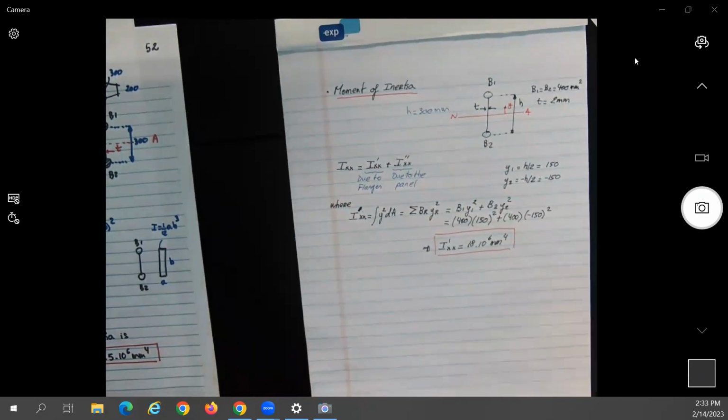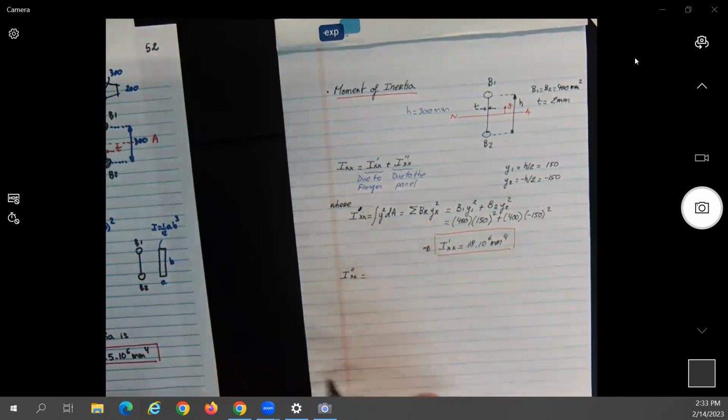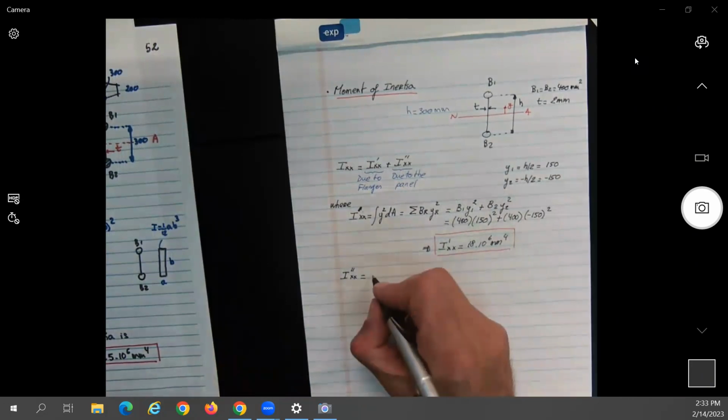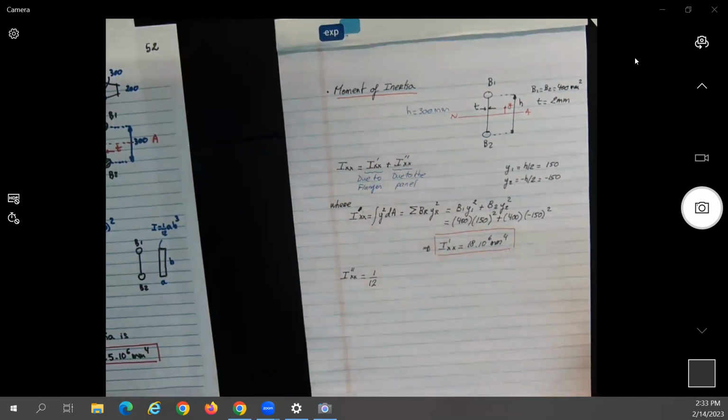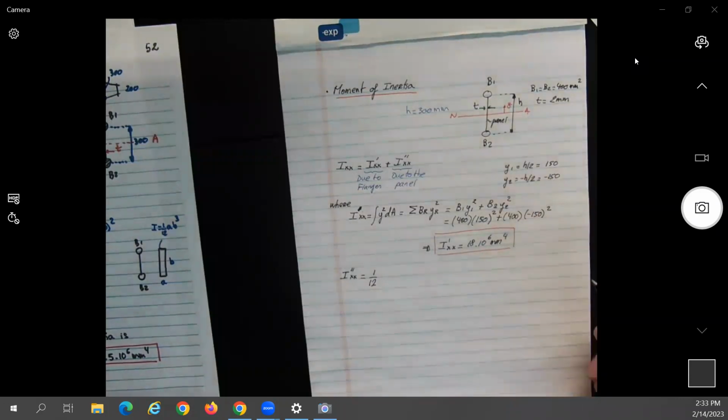Okay, so this is the contribution of only the flanges. Now we're going to look at the contribution of the panel. What should be the contribution of the panel? It would be 1/12. What is the base over here? This is the panel here, no? So what will be the base?